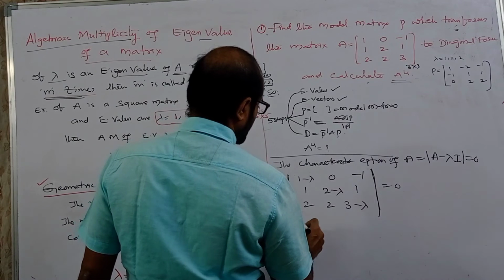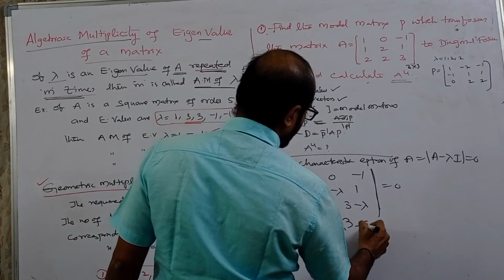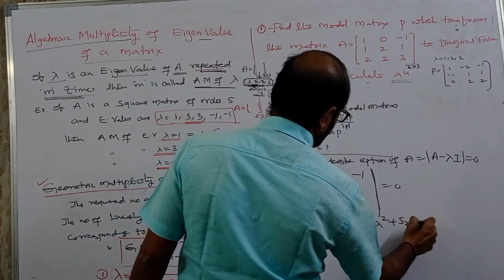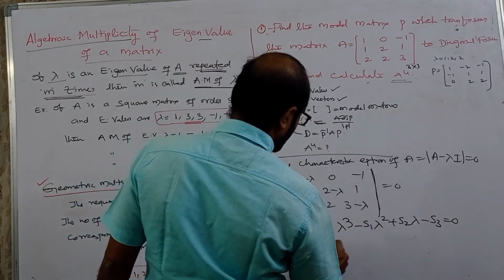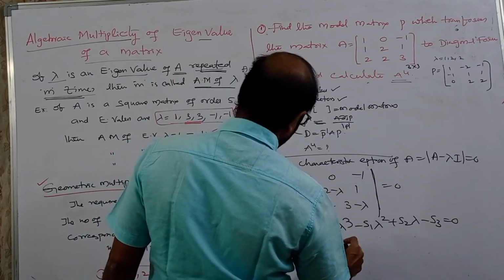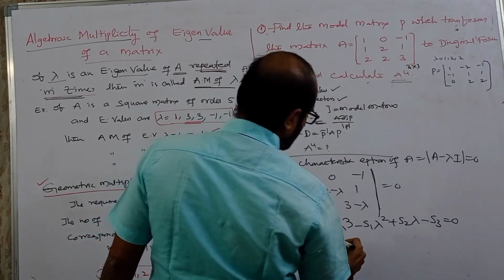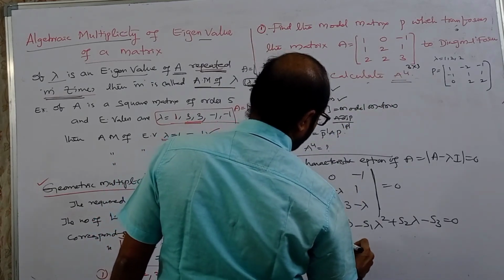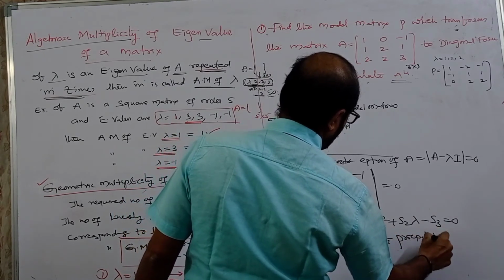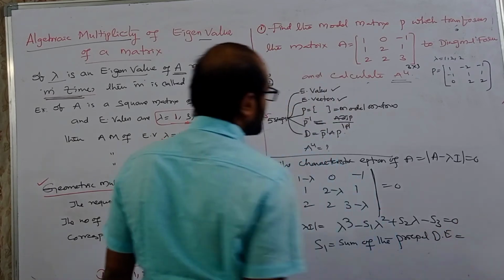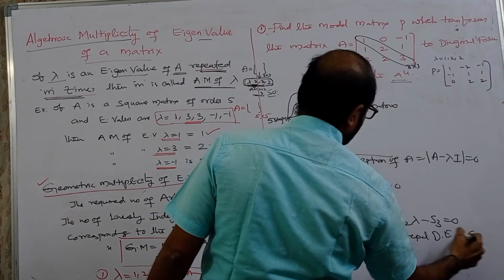What is the formula? Since it is 3 by 3, lambda cube minus S1 lambda square plus S2 lambda minus S3 equal to 0. This is the formula, where S1 is the sum of the principal diagonal elements. What are these principal diagonal elements? 1 plus 2 plus 3, that is 6.